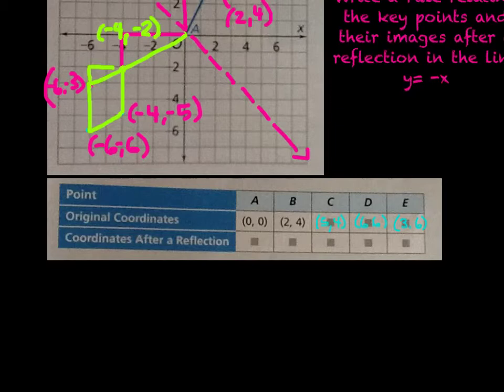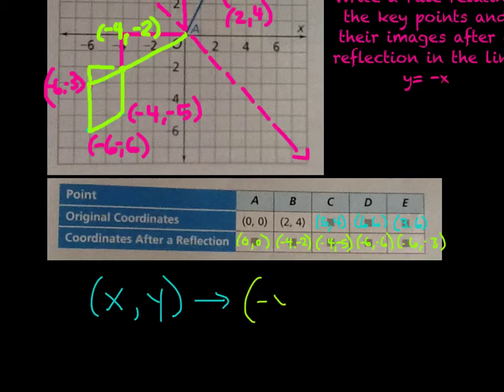So our new coordinates are 0, 0. We also have negative 4, negative 2. We have negative 4, negative 5. We have negative 6, negative 6. That one's easy. And negative 6, negative 3. So our initial x, comma, y of our original figure is now becoming this crazy negative y, negative x.